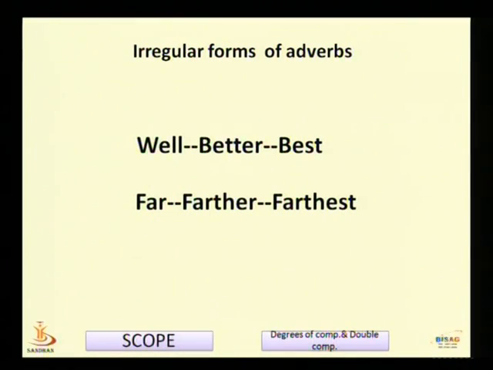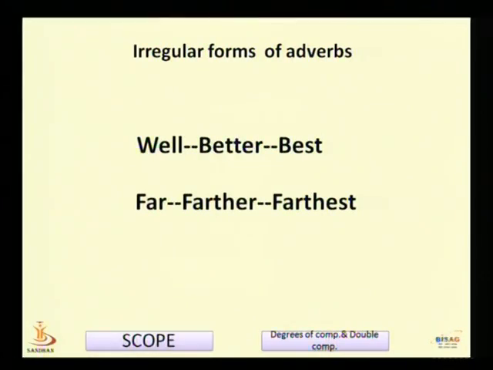Now let us discuss about irregular forms of adverbs like well, better, best, far, farther, farthest. So as we have irregular forms of adjectives, in the same way we have irregular forms of adverbs also. Let us compare two examples, good and well.